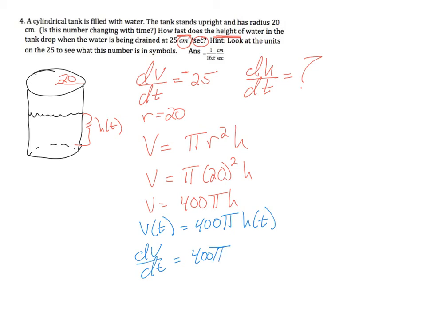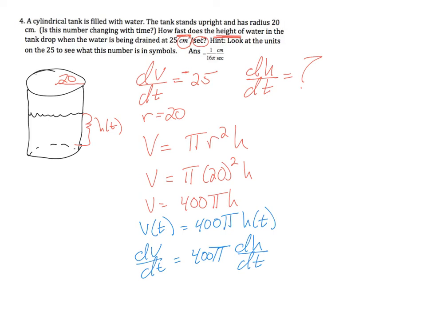I don't need a product rule because 400 pi is a constant, so no product rule is necessary. And then I'm going to take the derivative of h with respect to t. The symbol for that is just dh dt. Just like the symbol for the derivative of v was dv dt, the derivative of h is dh dt. Okay. I didn't have to use a power rule. There wasn't an inside that was h of t and an outside that was squared. It's just the derivative of h is dh dt.